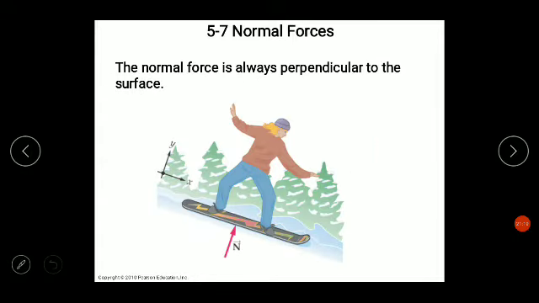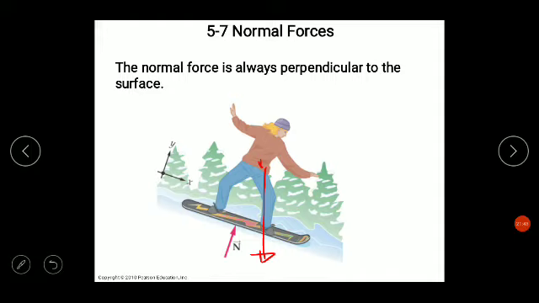And this one, there are cases that we really have to rotate the axis. Okay, so in this figure, you will notice that the surface is inclined. So you have here the normal force exerted by the ground on the person. So it is going to this direction, if you notice, while the weight is going to this direction.